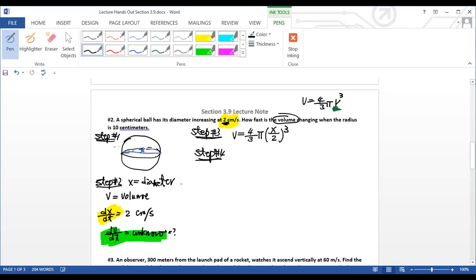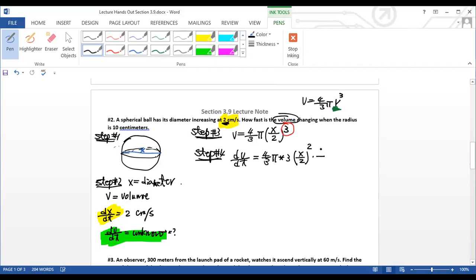Okay, so now let's take a look at step number 4. Step number 4 says take the derivative of both sides. So dV/dt is equal to 4/3 pi, and by the power rule, move the 3 down, so it's 3 times (x/2), and 3 minus 1 is 2.